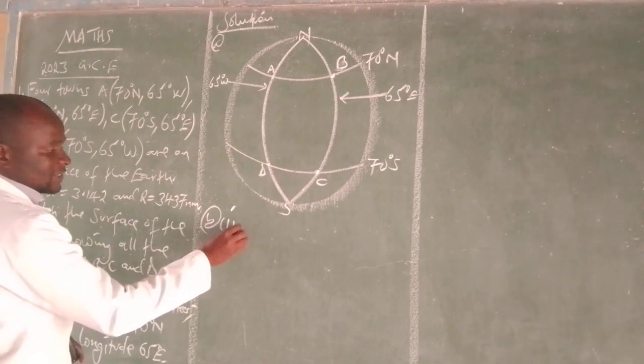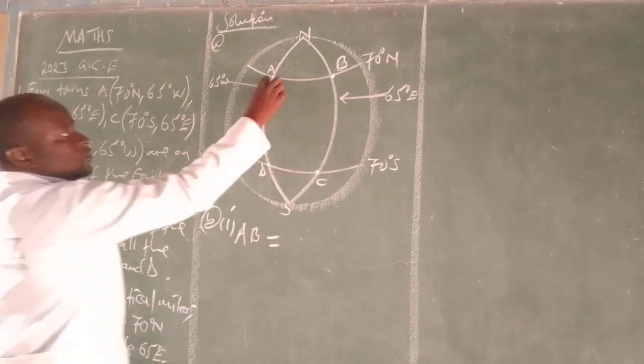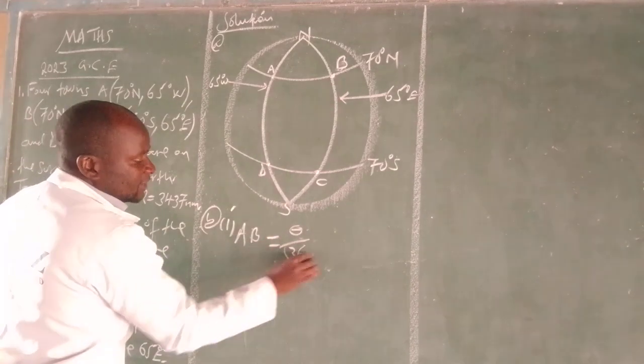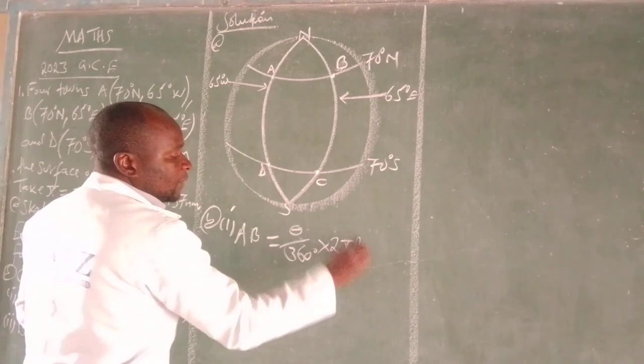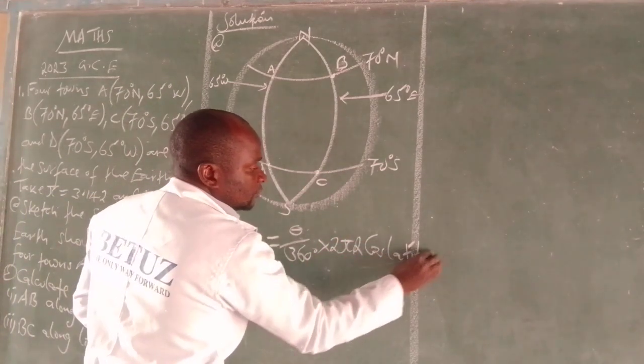And the formula is, AB is equal to theta divided by 360 degrees multiplied by 2 pi capital R, then cos latitude.